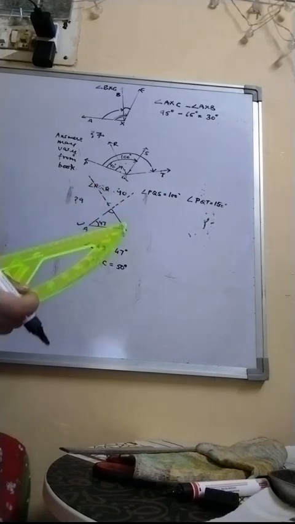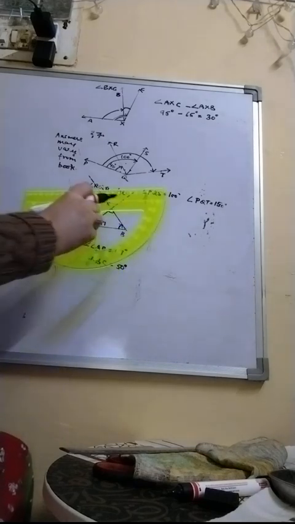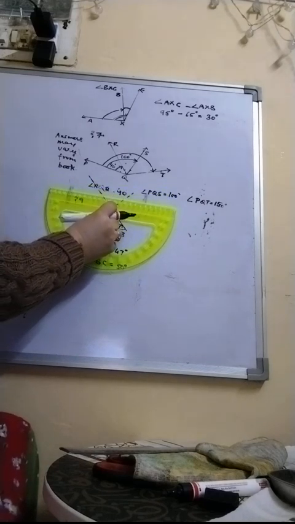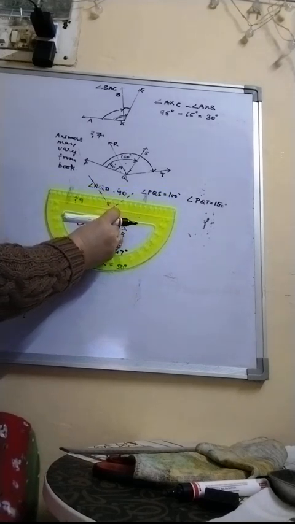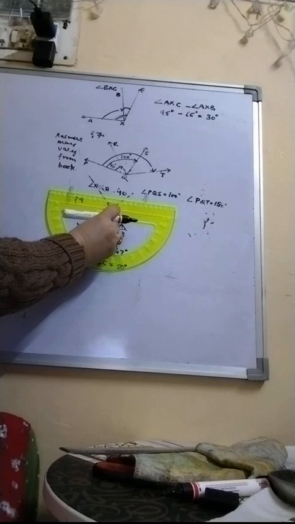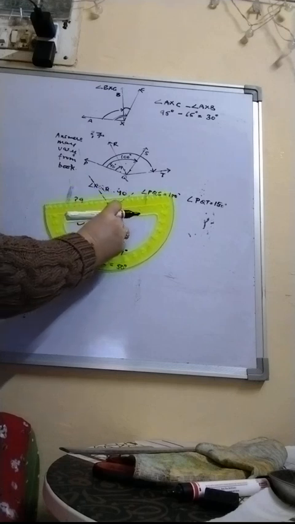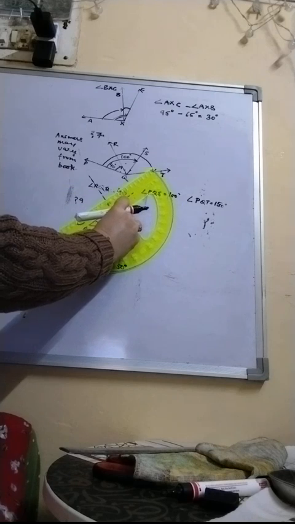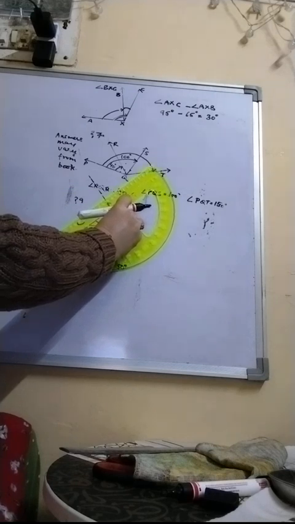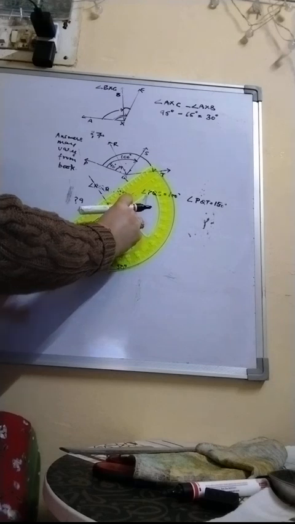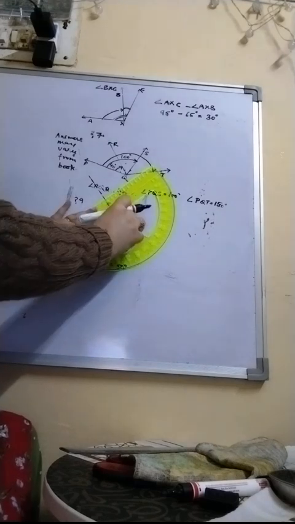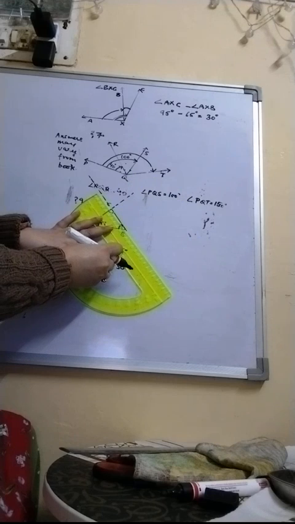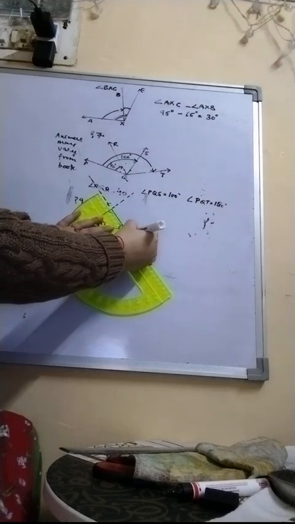So we will put the center of the protractor at C, align it with A, and let me extend this line so that I am able to measure.